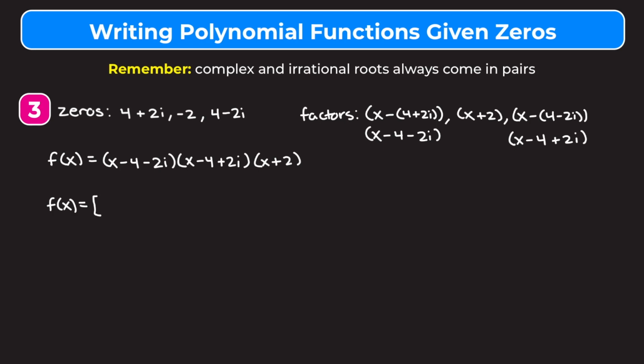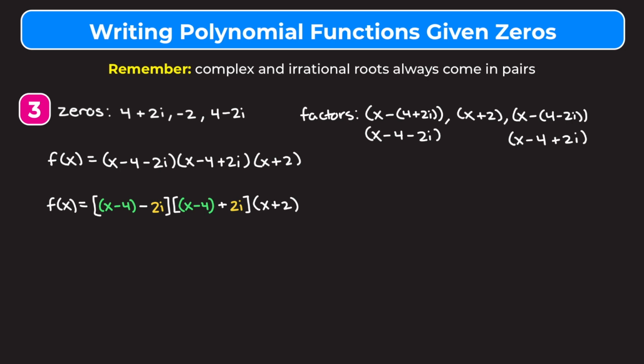So let's do it in a different color. We're going to write it as x minus 4 and then minus 2i times, we'll do the same thing with the second trinomial. So x minus 4, but this time it's plus 2i. And we're going to use the same strategy that we used on the last problem with x plus 2.